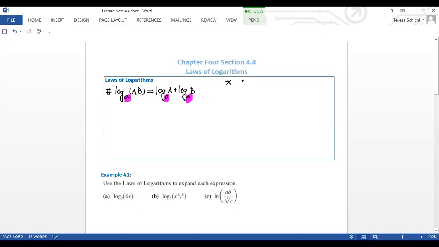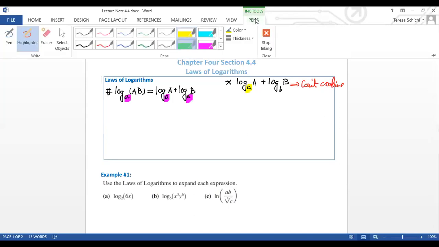If I have log base a of A plus log base b of B, you cannot combine them. Why? Because I have a different base. One is a, one is b.